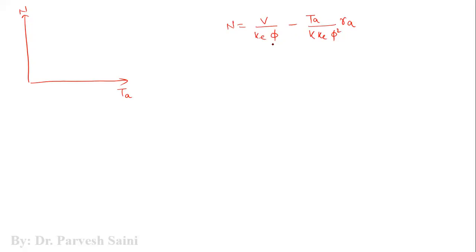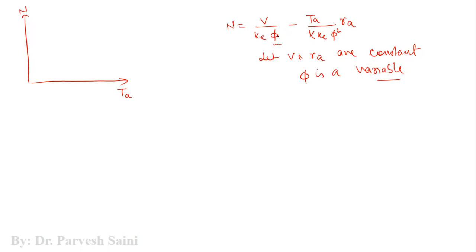So if we take this flux, let V and Ra be constant and Φ be a variable, right? It is a variable, it varies.